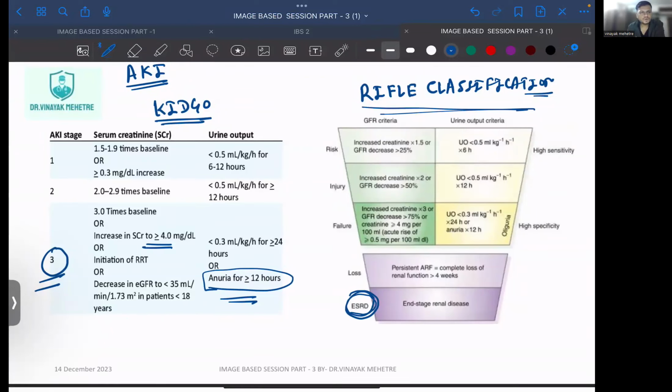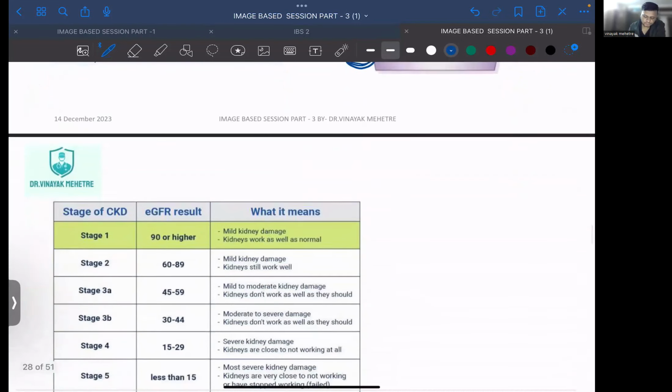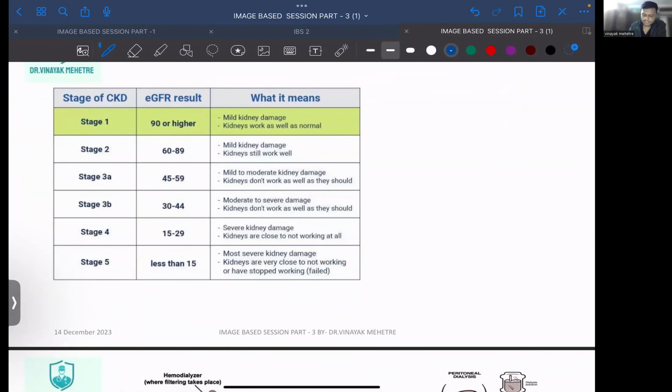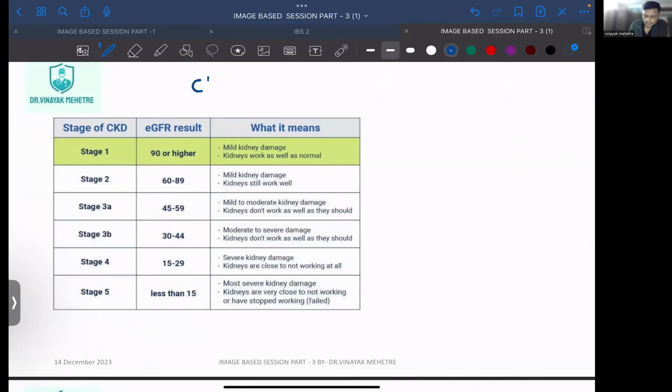Okay, no urine at all. This patient needs dialysis in end stage renal disease, right? So that patient will be transferred into which category? CKD patients.